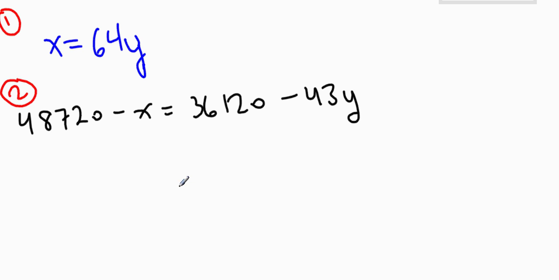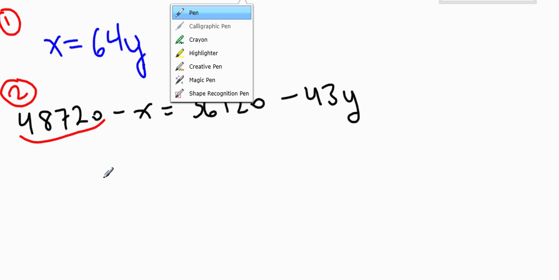Well, we know from chapter 1 of grade 10 math that we can solve by elimination or substitution. So here's what I'm going to do. I'm going to isolate x so that I have x isolated both here and here. And then we'll figure out how to solve from there. So I'm going to subtract 48,720 from both sides.